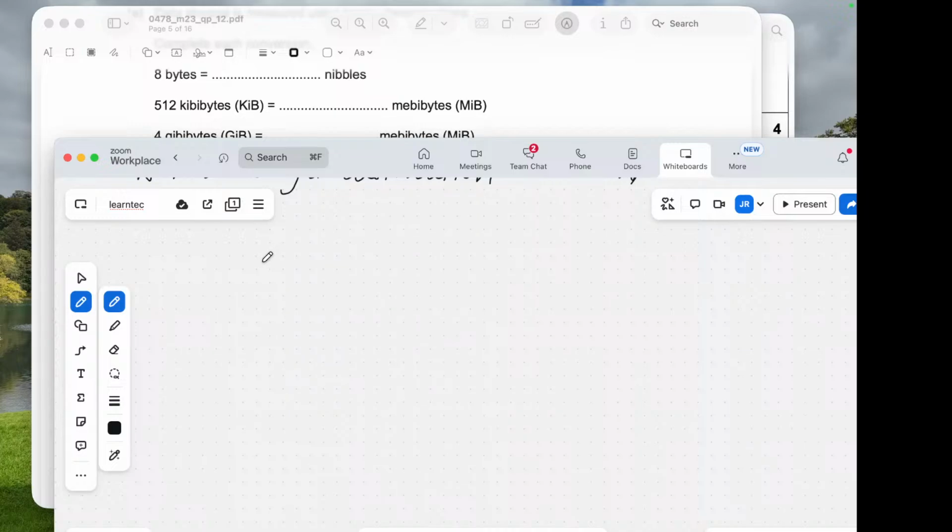Well, it's double that, it's 16. So remember that a byte is 8 bits. So we've got 8 bits in a byte, and if we've got 8 of those, then that is 8 bytes.